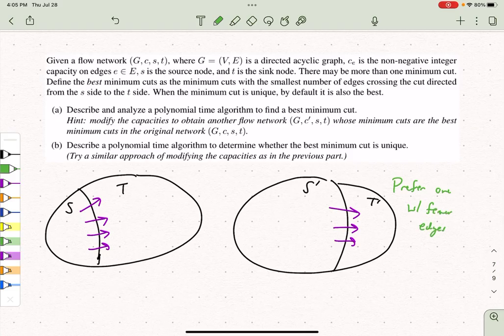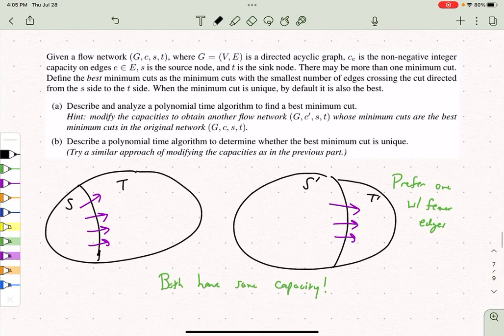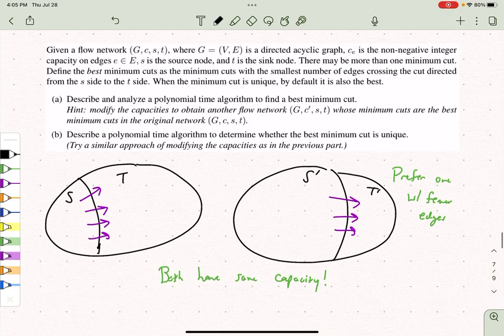But they're both min cuts, so both have the same capacity. Obviously, if there was a cut with only 1 edge, but it had a huge capacity, we still wouldn't want to pick that one. It's just when we have multiple choices of a min cut, we tie break between them based on the number of edges. That's the idea behind a best min cut.